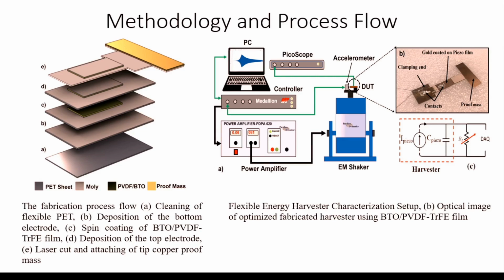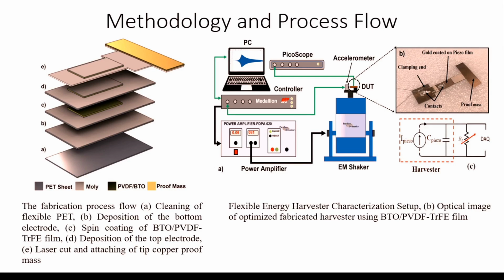In the first step, we took the PET sheet and cleaned it using IPA, acetone and dry nitrogen, and then we deposited the bottom moly electrode. On top of that, we deposited the fabricated highly piezoelectric PVDF BTO composite film, and then further deposited the top electrode using thermal evaporation.